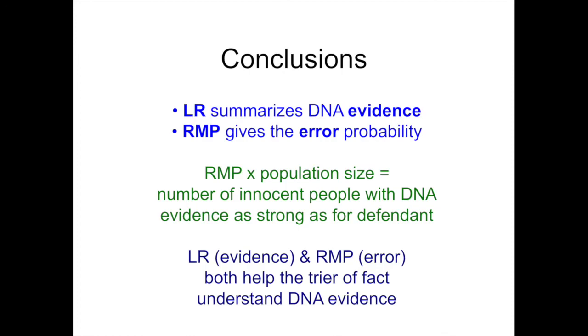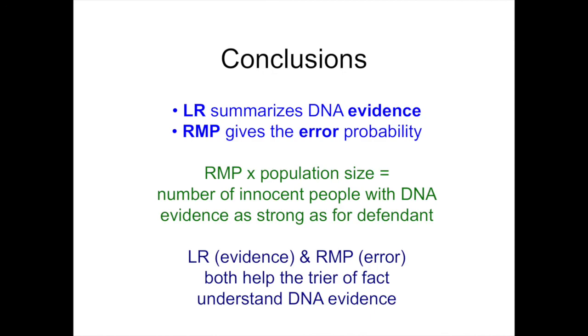Once it's a probability and it's not an LR, there's a lot you can do with it. You can multiply it by a population size, for example, and estimate in a city, say the size of Pittsburgh, that maybe has 2.8 million people, the chance that you'd match an innocent person. If you do the math, it's small, right? It's maybe 1/10. With the same evidence, is the evidence as big as for the defendant?